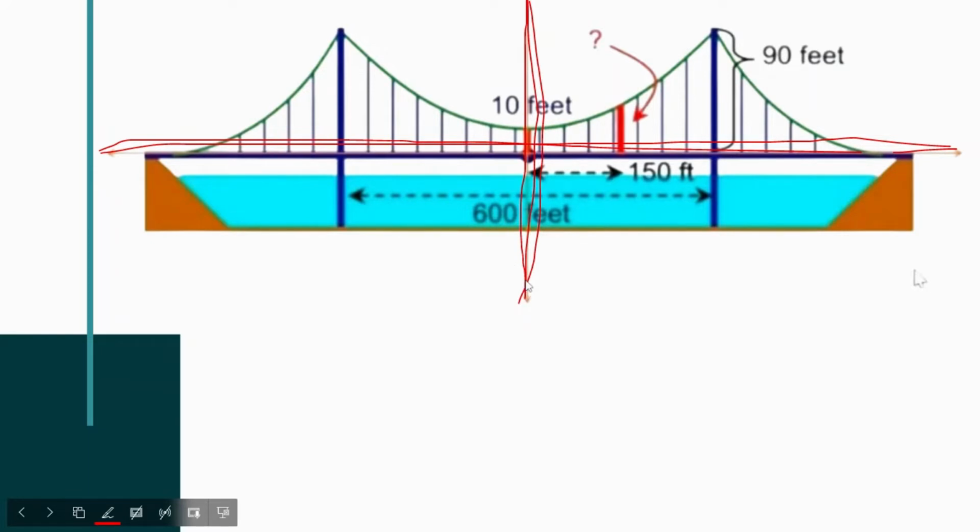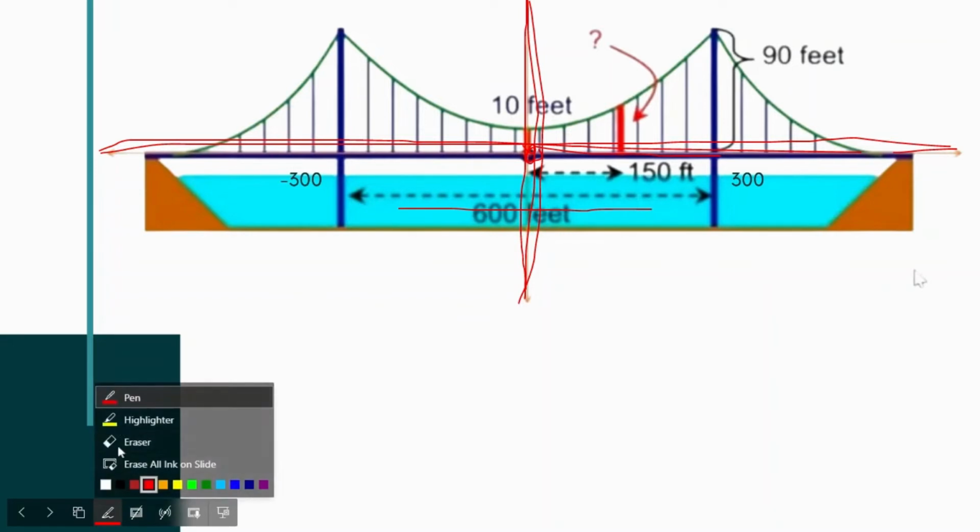As stated in the problem, the lowest height of the cable is halfway between the pillars. The distance between these two is 600 feet, so from the origin to this pillar is 300 feet, and negative 300 feet on the other side, because we use a Cartesian plane.